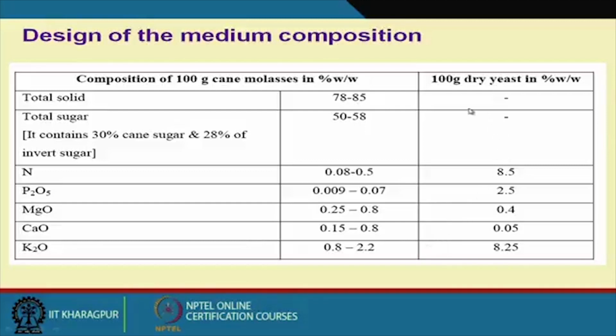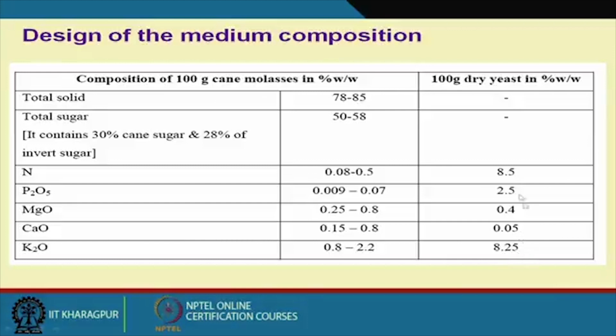But because yeast has to grow, we take the dry yeast and try to find out the elemental analysis of these yeast cells. We find the yeast cells contain about 8.5% nitrogen, phosphorus 2.5% on dry basis, then magnesium oxide 0.4%, calcium oxide 0.05%, and K2O 8.25%.